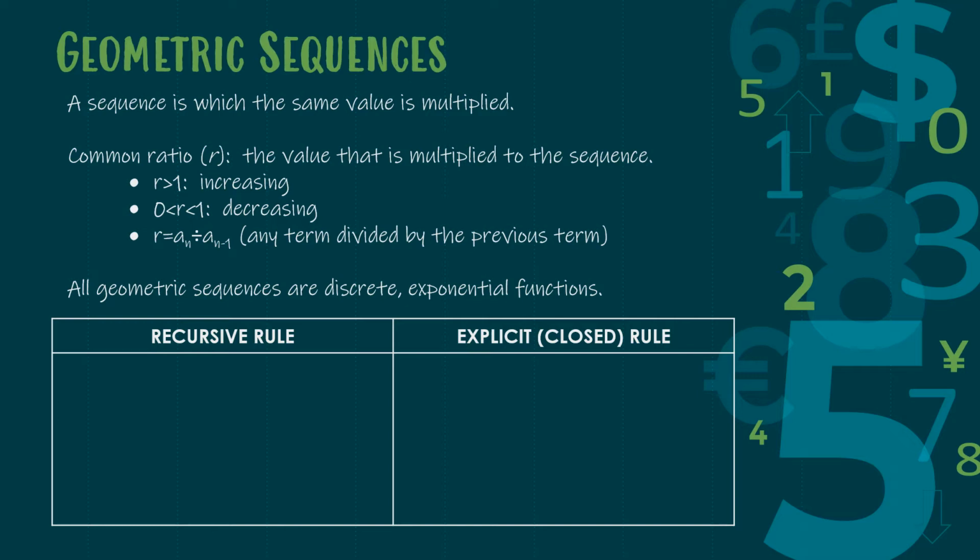And if the value of r is negative, then you will see your sequence go back and forth between increasing and decreasing, because the terms in your sequence will be positive, then negative, positive, negative.